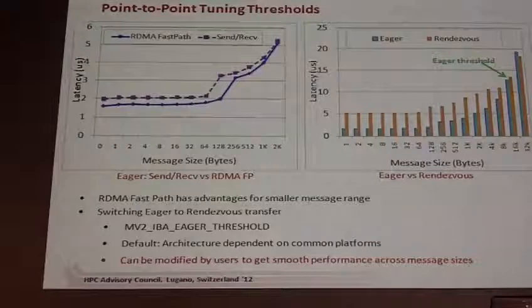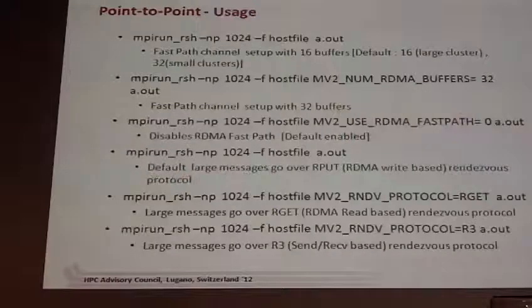Okay, because depending on how much overlap you want to exploit in that application, or if you want to push this a little bit higher or lower, all those things you can do to see what gives you the best performance. I'll not go line by line, but this shows how to actually activate these. For example, here it says this is our default, which has the RDMA fast path.